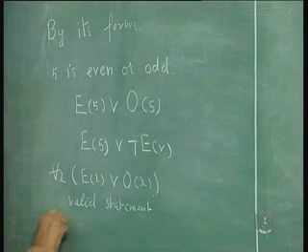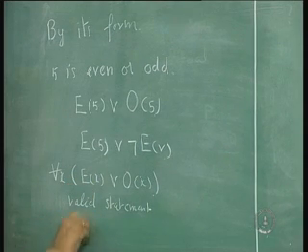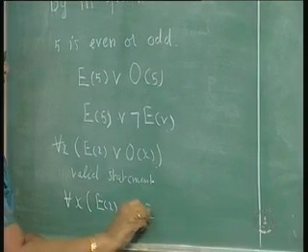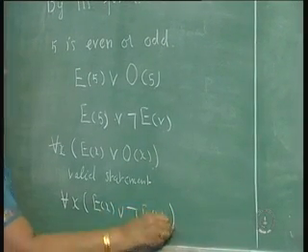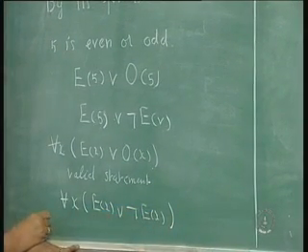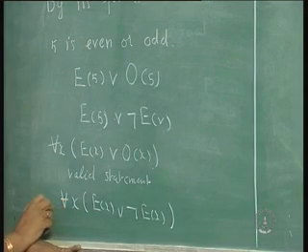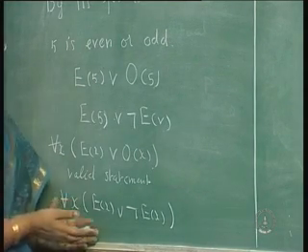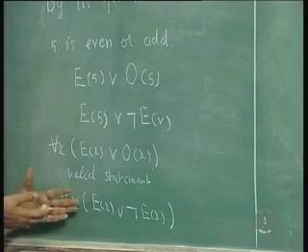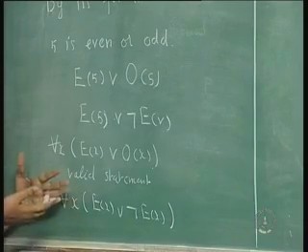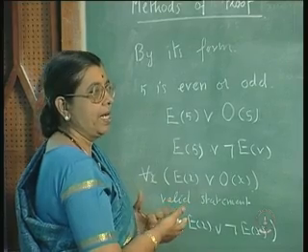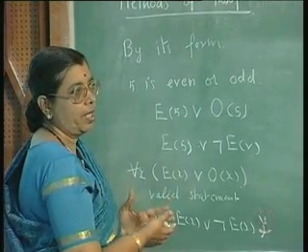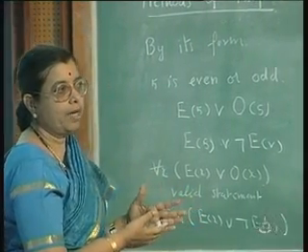This is a valid statement because it is equivalent to saying for all x, E of x or not E of x, and this is always true. So, because of the form or the way in which the statement is made, because it is a tautology or a valid statement of the predicate calculus, the result holds, the theorem holds, and this is one method of proof.